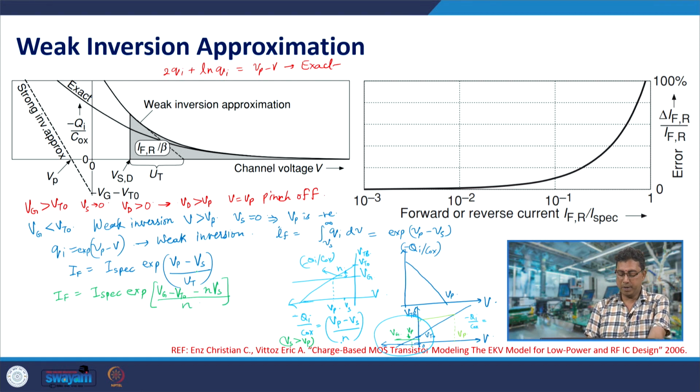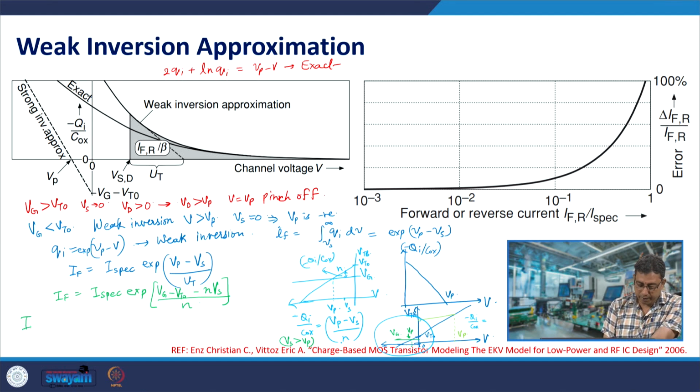That is because Vp minus Vs is Vg minus VTO minus nVs by n, that we had derived earlier. And we are saying that similar expressions relating Qi and Vp minus Vs are valid, only thing is Vp is now negative, Vs is larger than Vp.